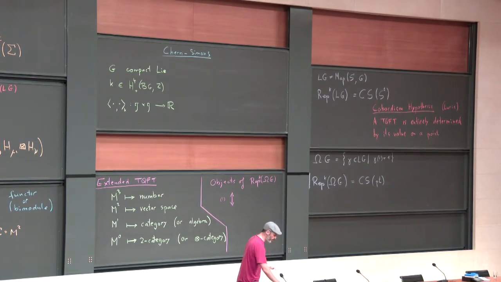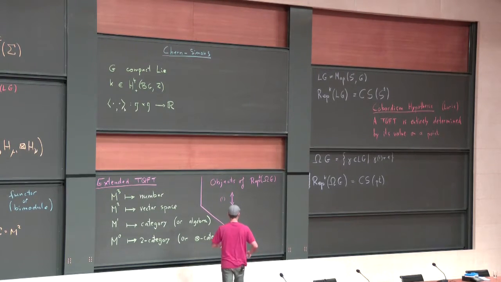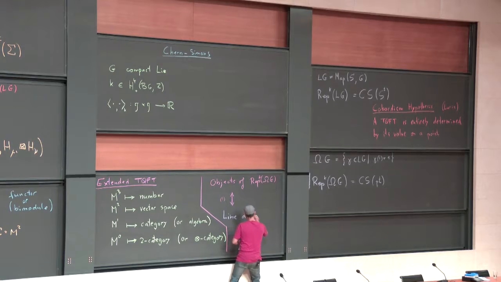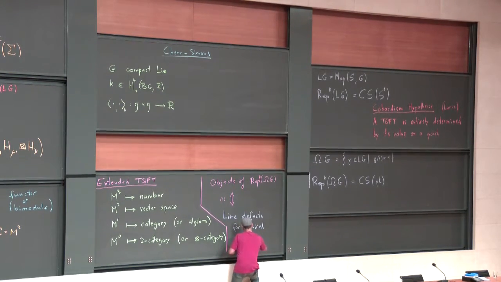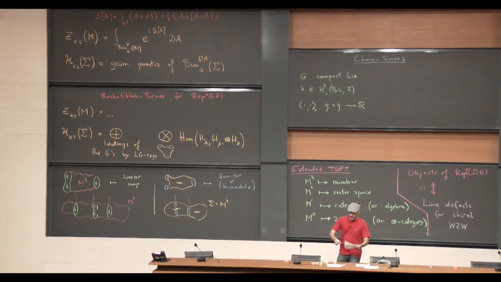These correspond to line defects for chiral WZW theory.